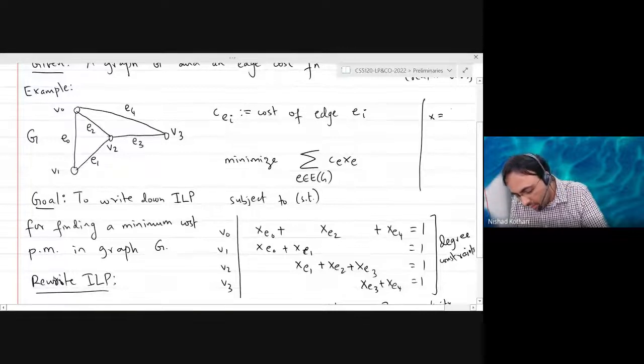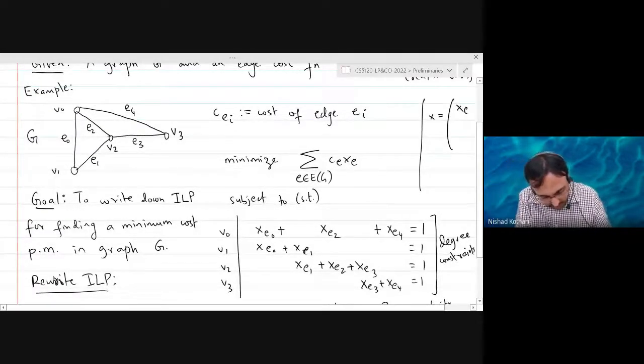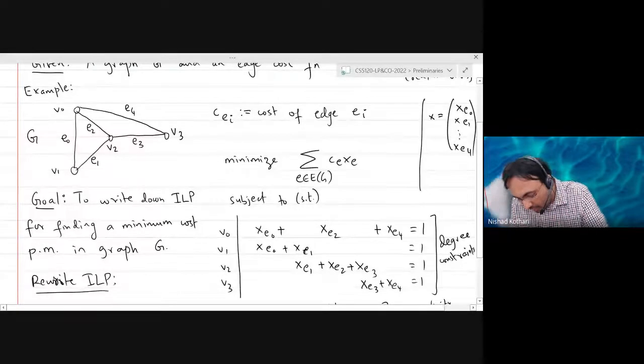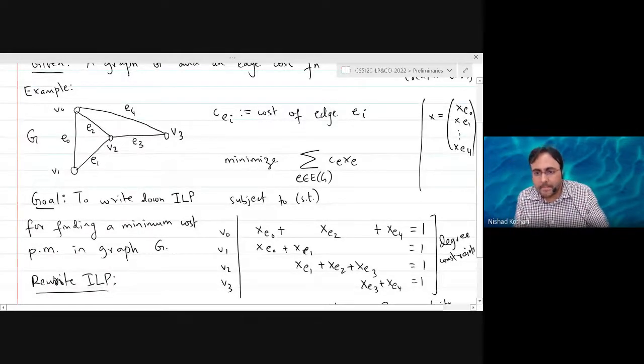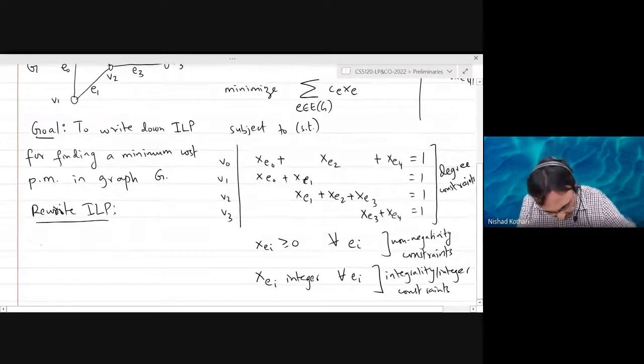We are going to have a vector for the variables, which is going to be our column vector x, with entries e0, e1, e2, e3, e4. So we will have this vector starting from e1 up to e4. And if you want to use matrix and vector notation, let's write down the objective function.